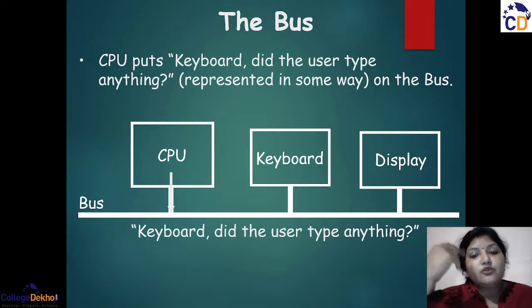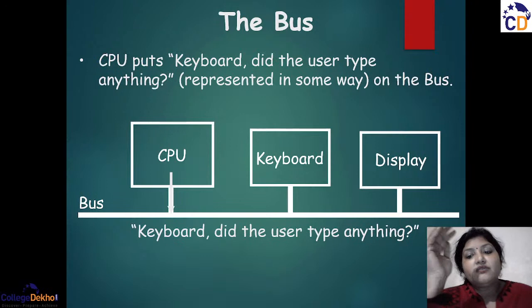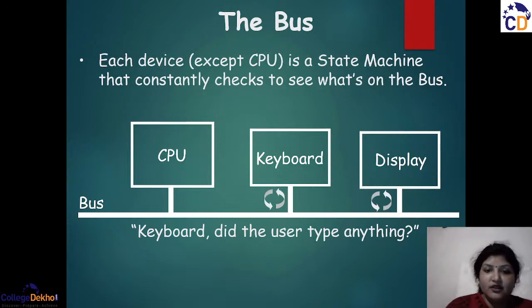Now how is the user going to give the input? Using input devices. What is the input device that is mentioned on my screen? That is the keyboard. So we need to use the keyboard. The CPU is going to check whether the user has typed anything or not with the help of the keyboard.